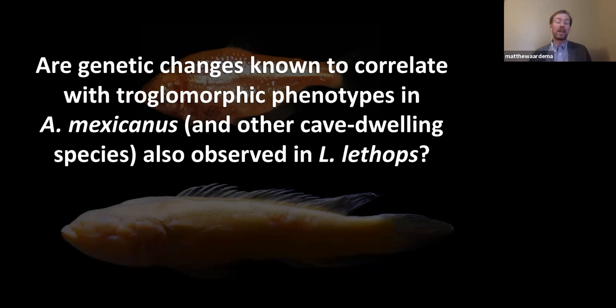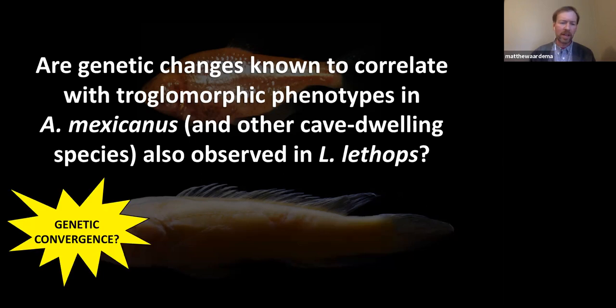There's a lot of background knowledge about the underlying genetic underpinnings that result in this troglomorphic phenotype. To put this question another way, do we see genetic convergence, right? This is a question that has been brought up earlier today, and that's really the heart of what we want to think about.